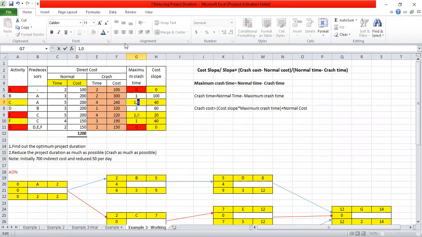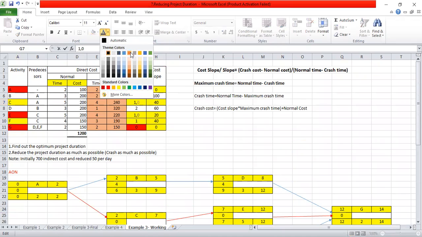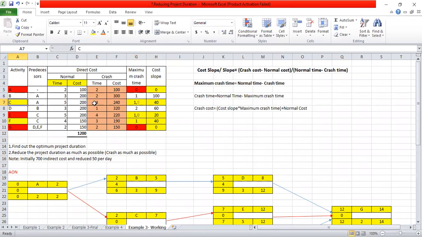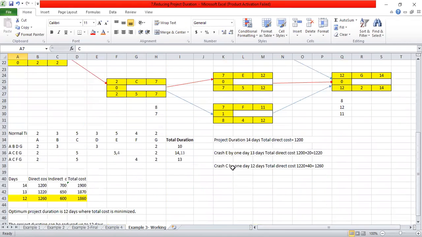I will use another color. After crashing C by 1 day, C also cannot be crashed further. Crashing C by 1 day means C now becomes 4.